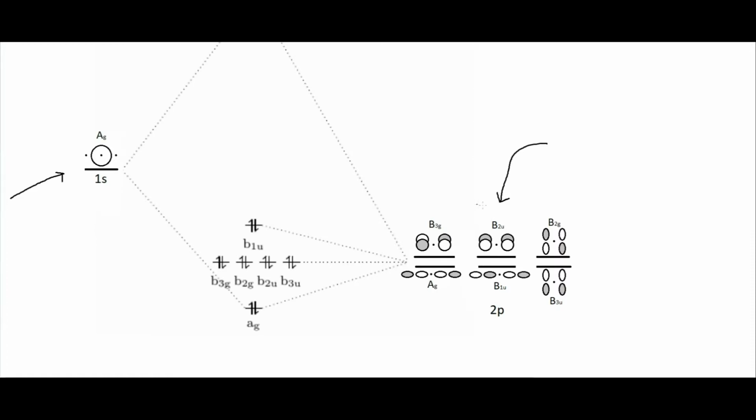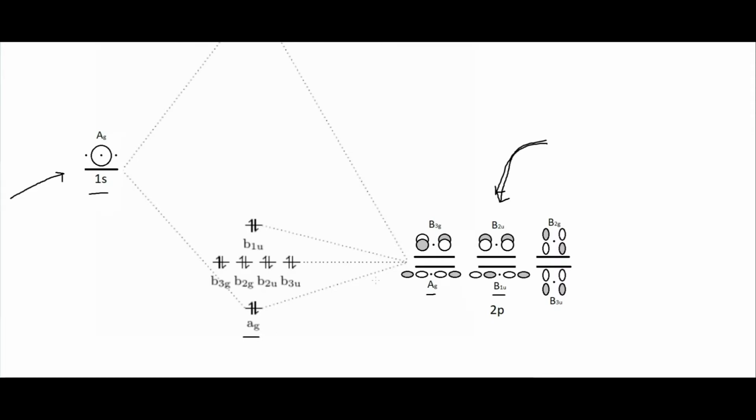And so we see all these group orbitals here, and when these come together with this 1s, we end up generating these molecular orbitals. In molecular orbitals, since we use capital letters for the symmetries of the group and atomic orbitals, we use lowercase letters for the symmetries of the molecular orbitals.